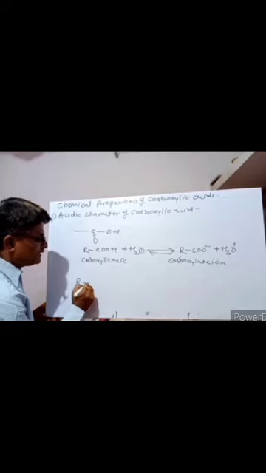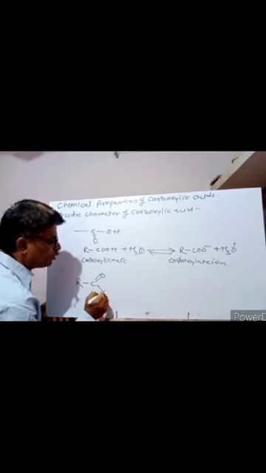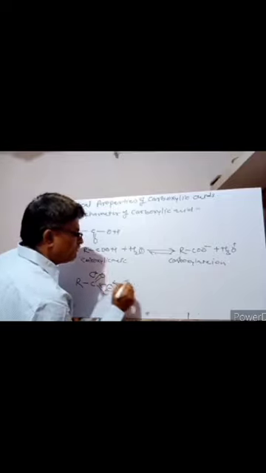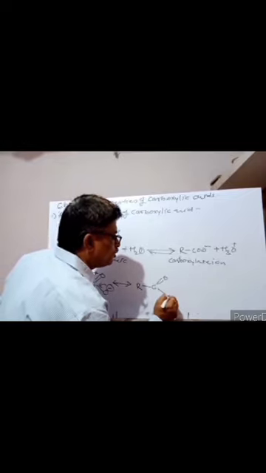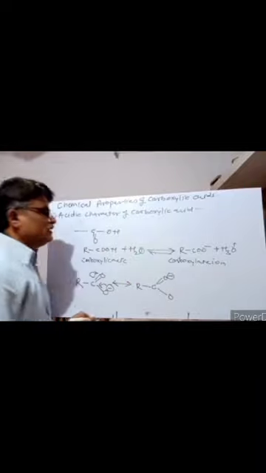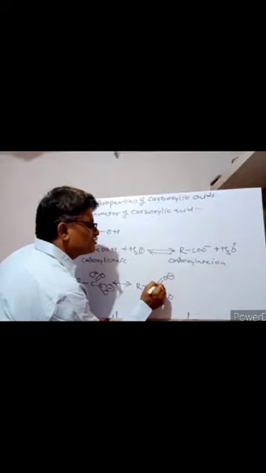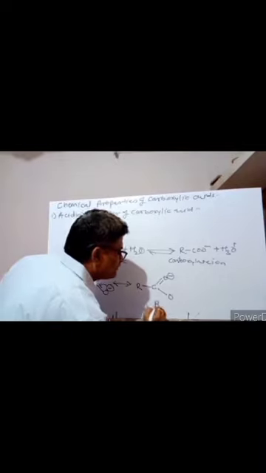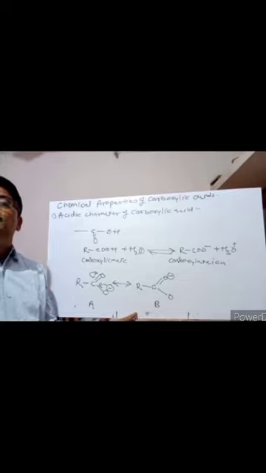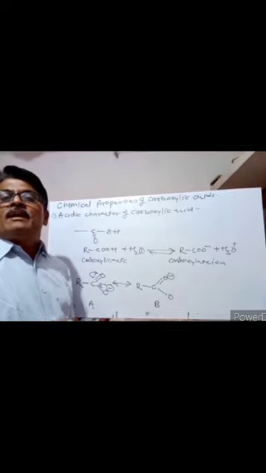Here is R C double bond O, O minus ion. This O minus ion can delocalize its negative charge and form another structure. Here is RC double bond O, with the negative charge on a double bonded oxygen atom. This resonance structure is called A and another one is called B. They have a resonance hybrid structure, a stable resonance hybrid structure.